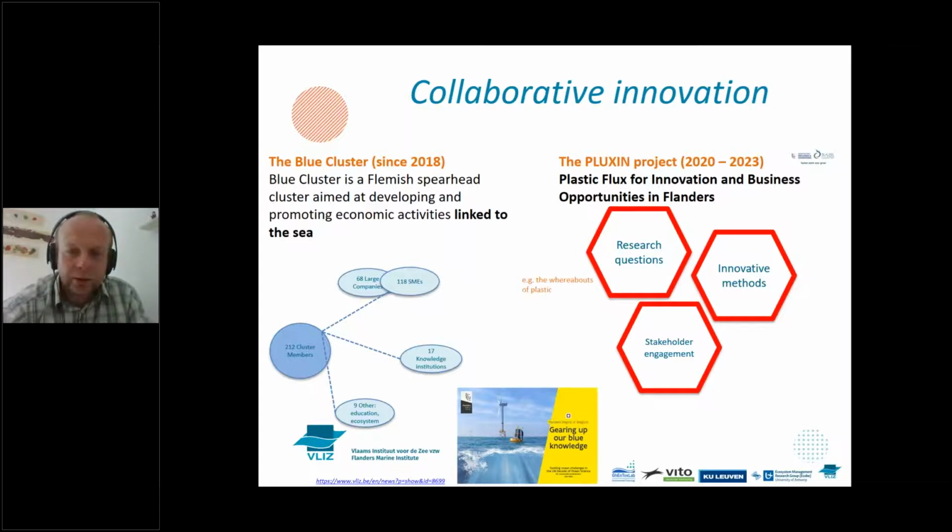So these are research questions that are coming from the companies. These are put in front of the knowledge institutes, and it is then the knowledge institutes that try to answer the question. So it's not really fundamental research, it's really research with the aim of further innovation in a very collaborative way.